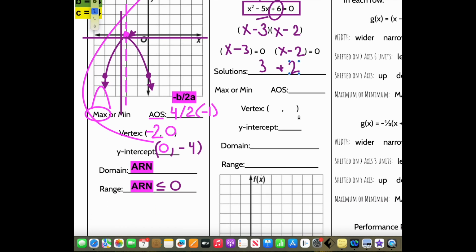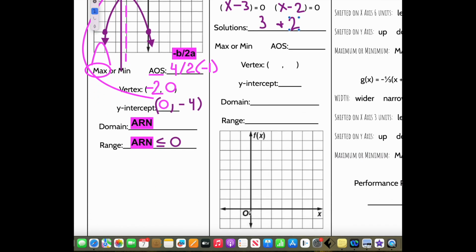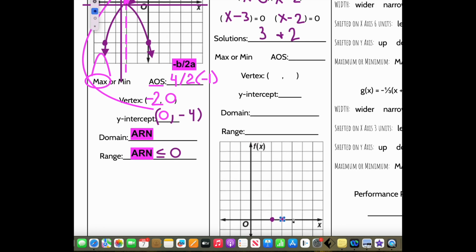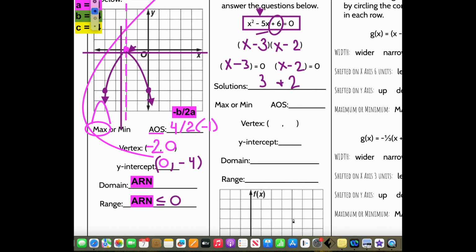How does that translate down here on the graph? Well, over 2 and over 3, those two will be our roots, or the numbers that make our equation true when y is equal to 0.